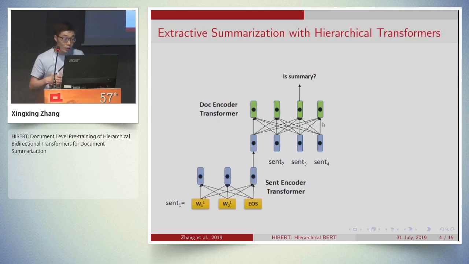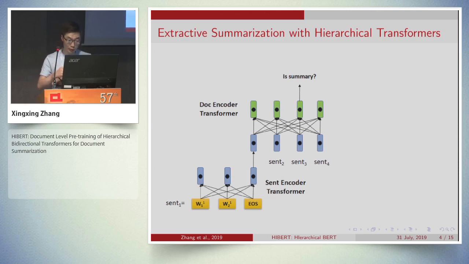Okay, this is the overview of the extractive summarization model we use in this paper. It's based on hierarchical transformers. We use transformers instead of CNNs and LSTMs because we obtain better performance. We have a sentence-level transformer encoder to learn the representation of each sentence in this document. We use the representation of the EOS token as the representation of a sentence.